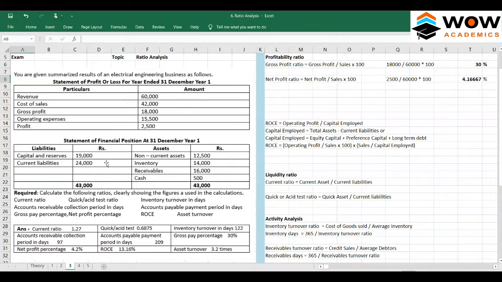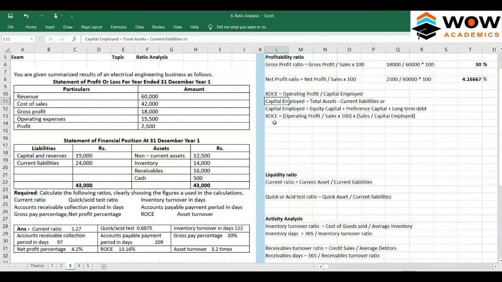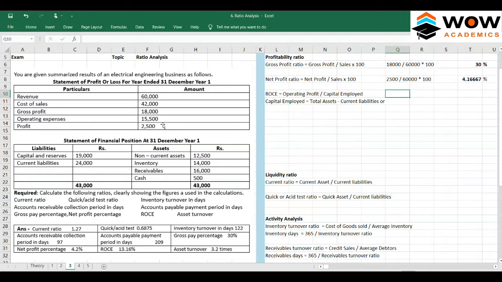So the next one to find out is ROCE. So ROCE we'll find it out. So we know what is the operating profit. Okay, so we'll take this as operating profit as well as a net profit because there is no other data clearly given. So we just have to find out the capital employed.